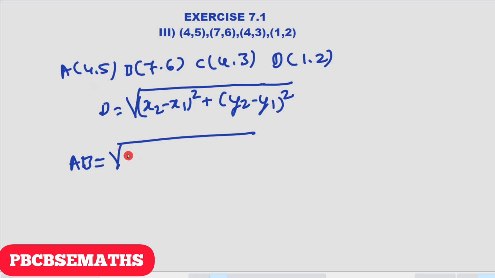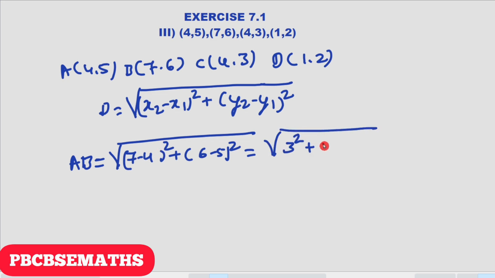Then we have (7 minus 4) whole square plus (6 minus 5) whole square. By simplifying this, 7 minus 4 is 3, square, plus 1 square, which gives us square root of 9 plus 1. So the value of AB is square root of 10.